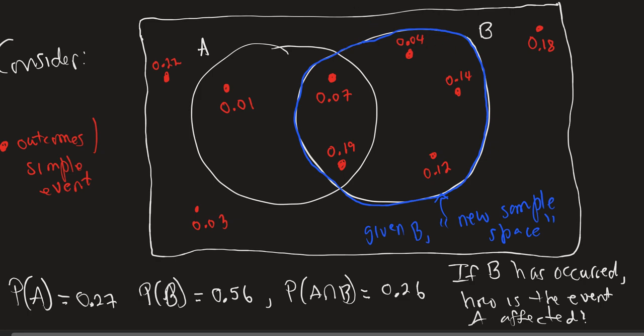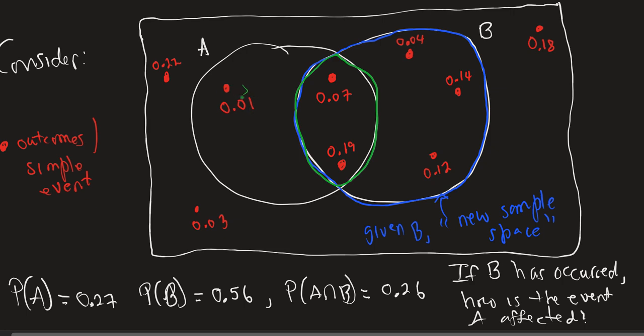Well, A will occur if it's right here. Again, look at what we have. It's like we've shrunken our sample space down to B, and then because we know we have to be inside of B, we have tossed this possibility out.